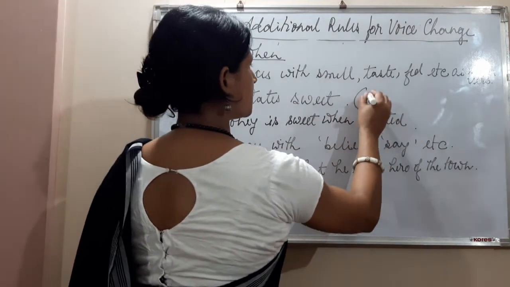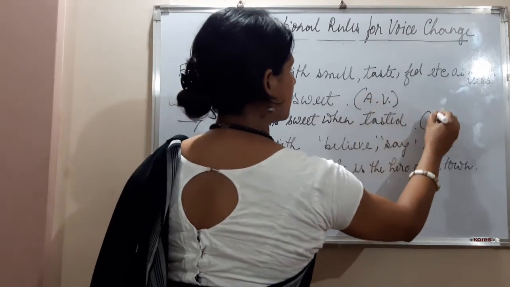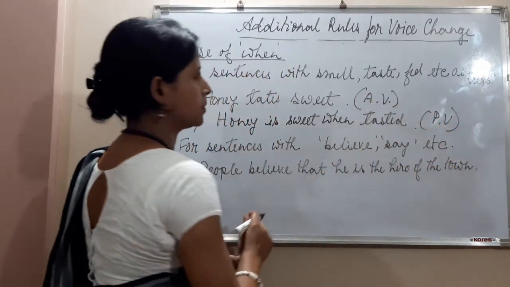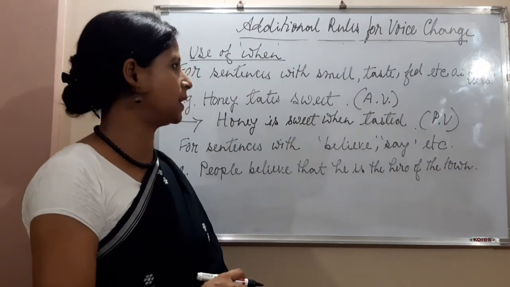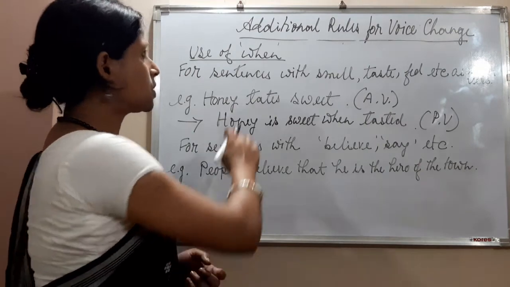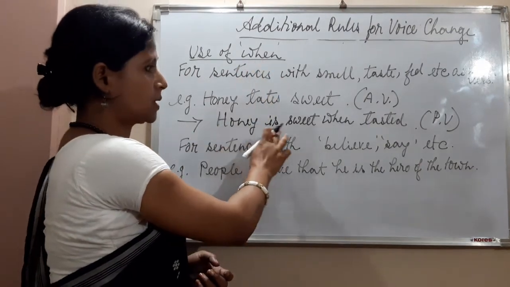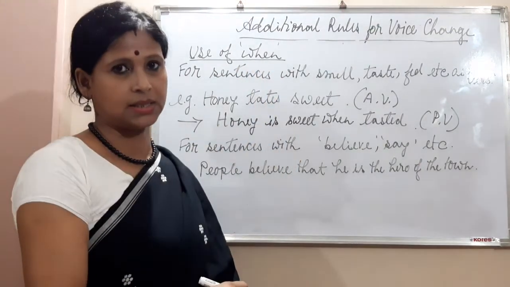So this is the active form and this is the passive form. So in case of the verbs smell, taste, feel, okay, we will use when. Honey is sweet when tasted.